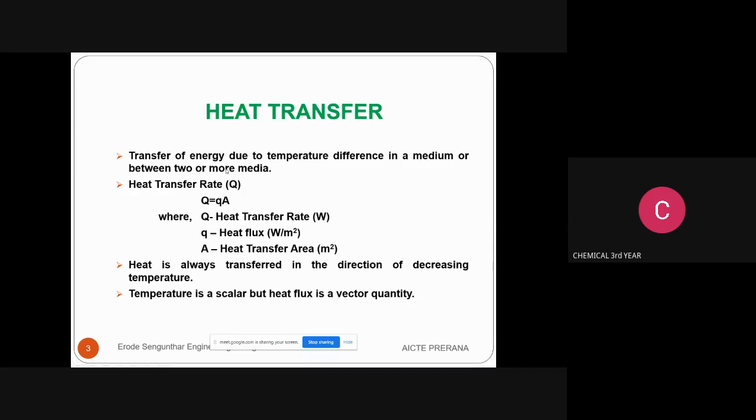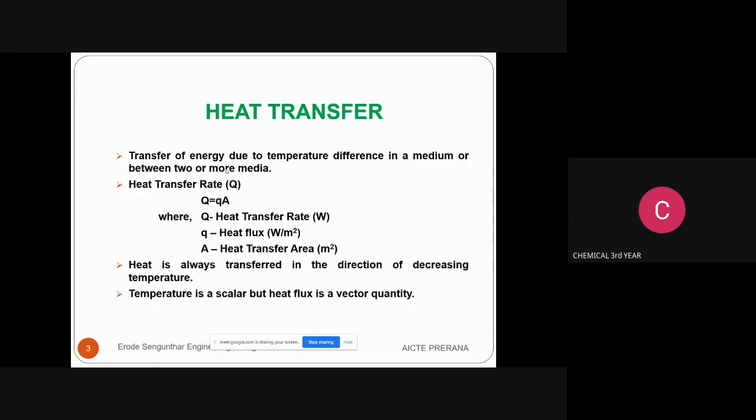The heat generally forms due to the temperature difference. Generally we all know there will be a high temperature medium and a low temperature medium, and the transfer will occur from the higher temperature medium to the lower temperature medium only, right?